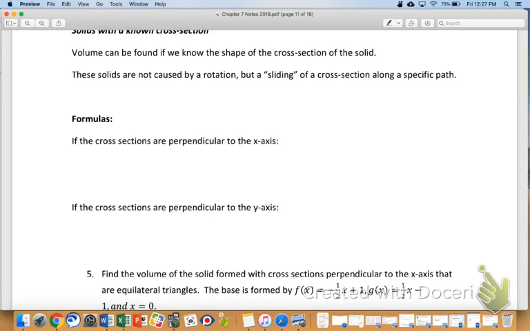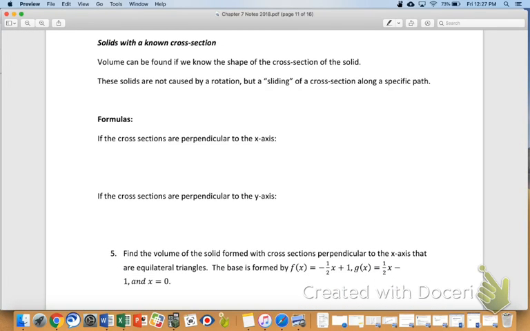Here are your formulas. If the cross sections are perpendicular to the x-axis, here's what it is. I hope that none of you are shocked that this is going to involve one of these guys, right? A whole bunch of really skinny squares, rectangles or triangles. We need to add them up.